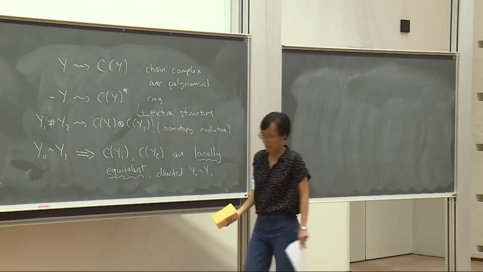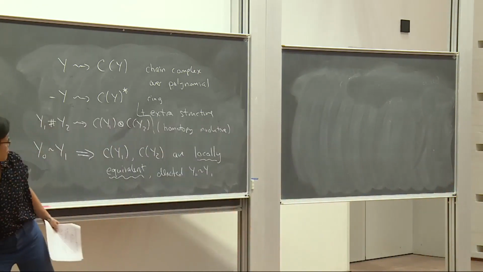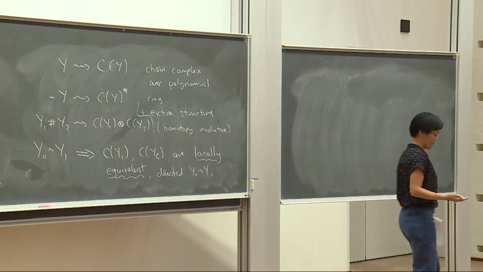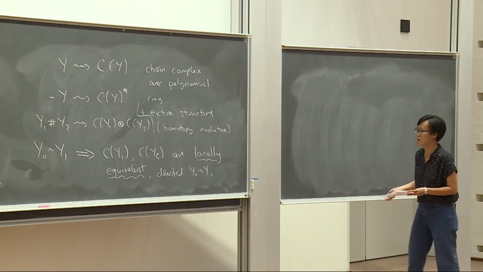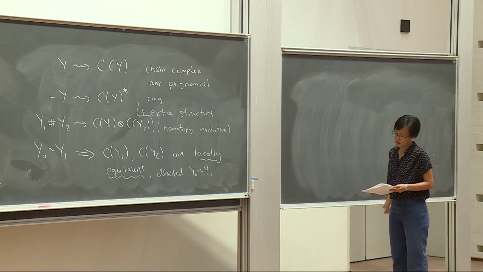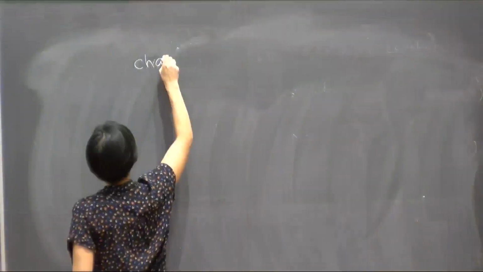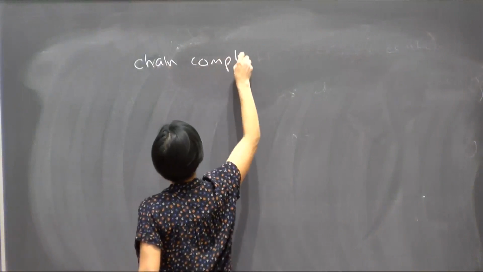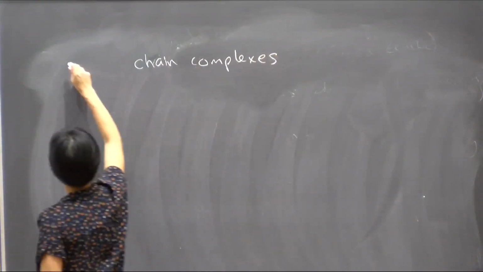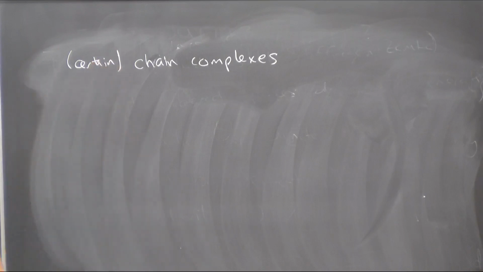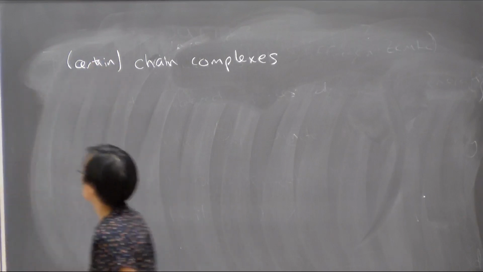Remember, to build the homology cobordism group, we looked at homology spheres up to homology cobordism under the operation of connected sum. So here, let's look at certain chain complexes, basically ones that look like they could have come from this machine.